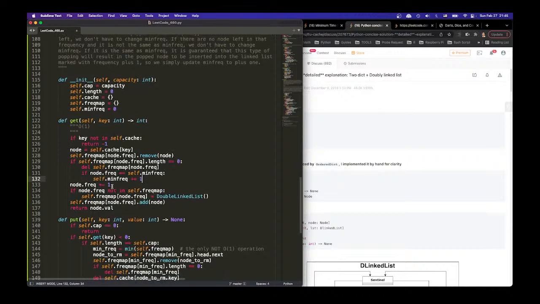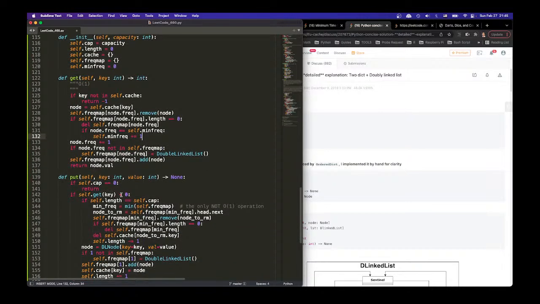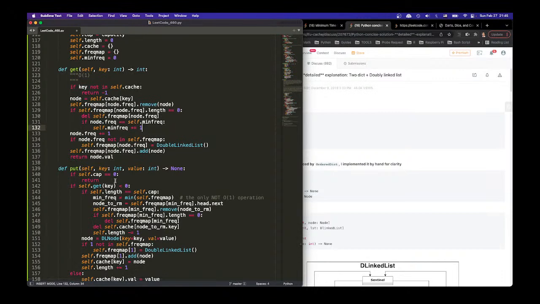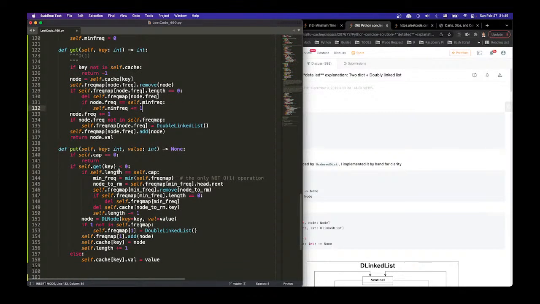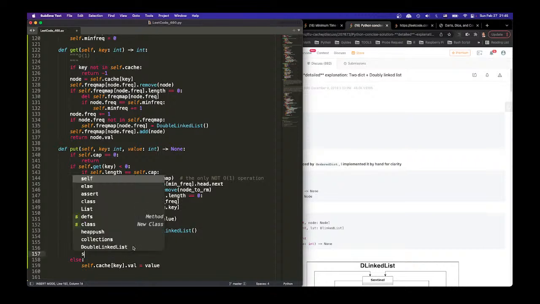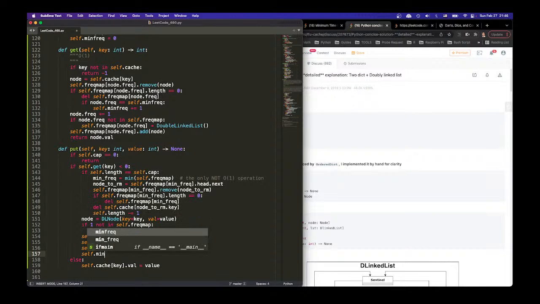And for here, I'll get the key, so we handle everything. Then if it is equal, I'm going to pop, but we don't have to change anything, because I'm going to add a new one, node equals blah blah blah, and self.min_frequency will equal 1, right?